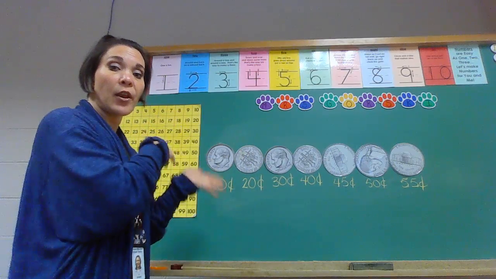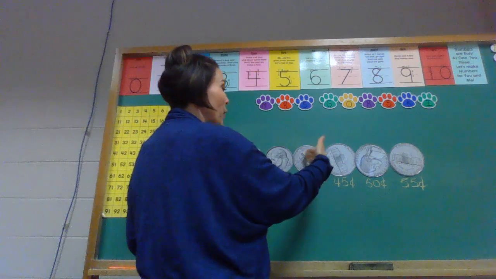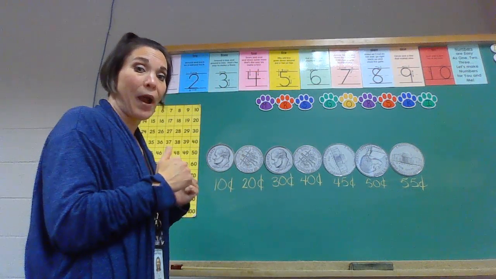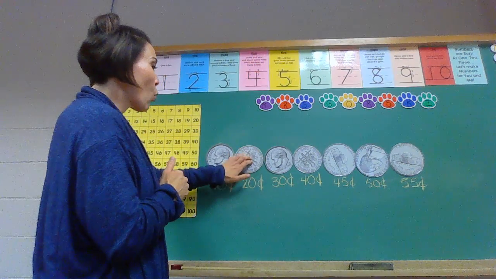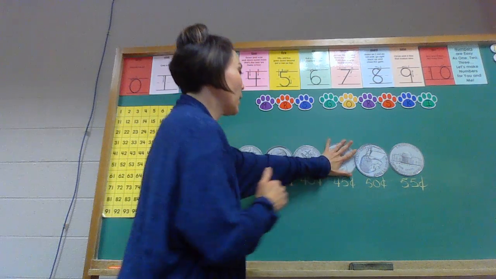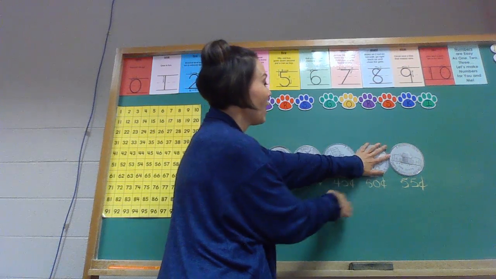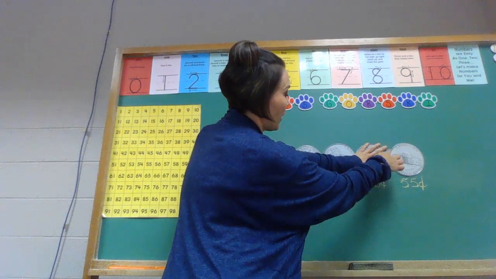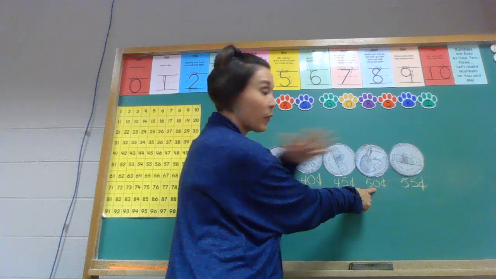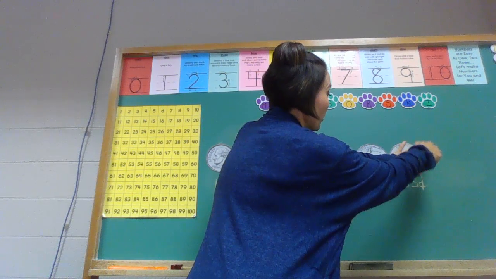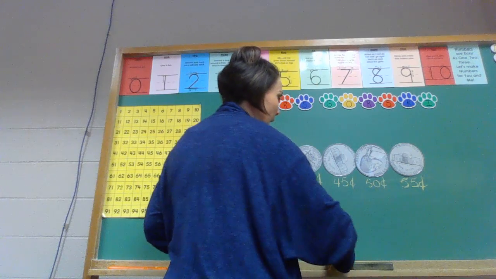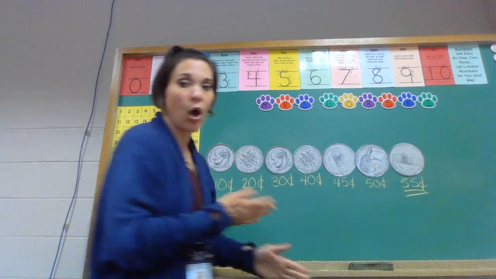So let's do that other technique when you change over from the 10s to the 5s, just in case you might not know. 10, 20, 30, 40, 41, 42, 43, 44, 45, 46, 47, 48, 49, 50, 51, 52, 53, 54, 55. That is your complete total.